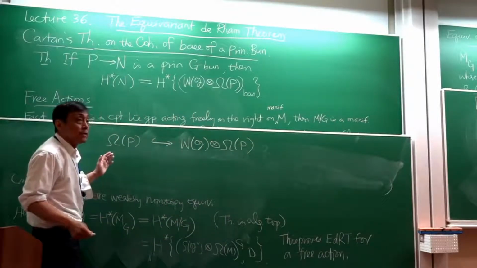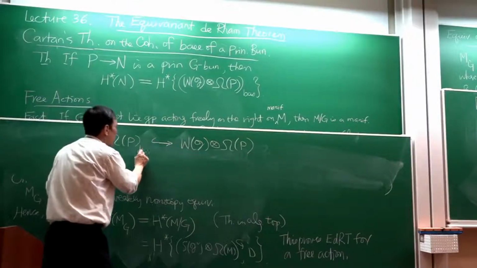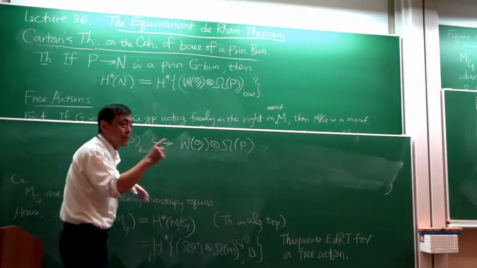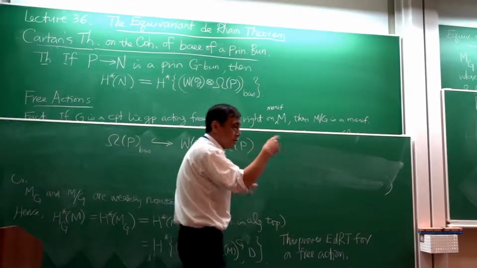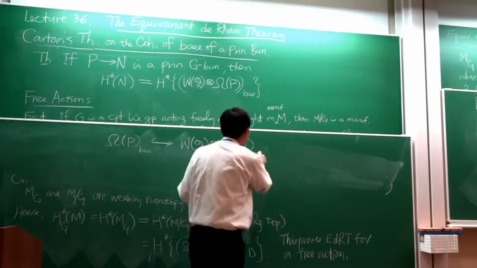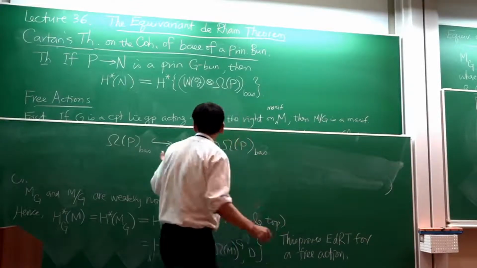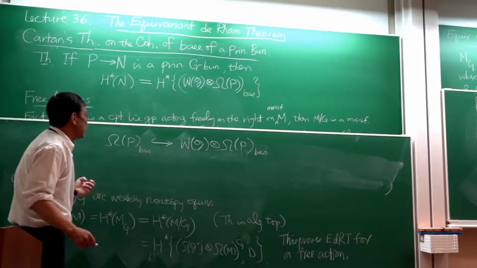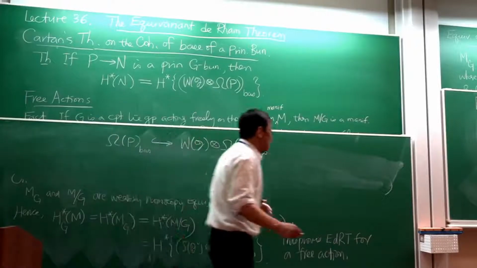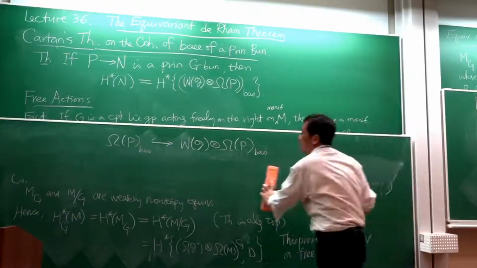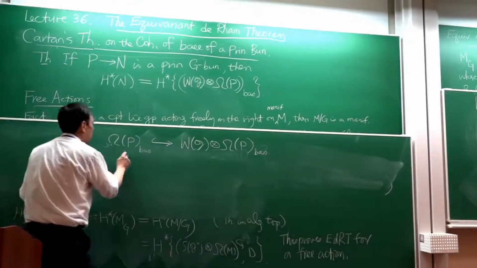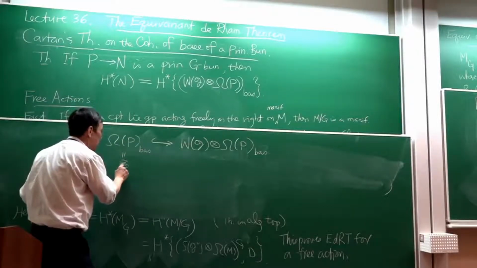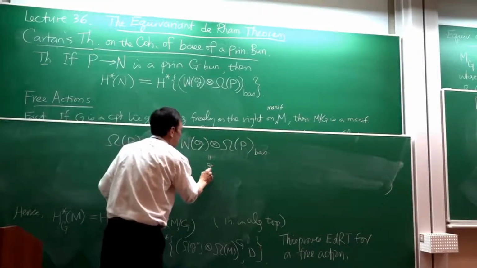And this inclusion commutes with contraction and the Lie derivative, so it takes basic forms to basic forms. He calls this B and this B bar.